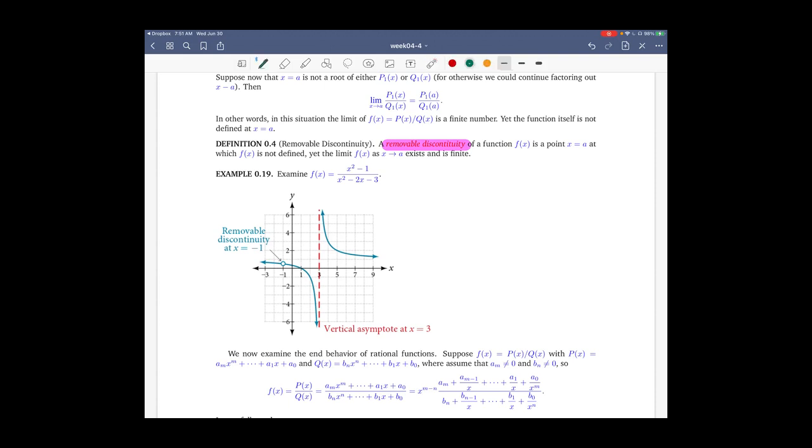If we factorize the numerator and the denominator, it will be x minus 1, x plus 1 in the numerator, and x minus 3, x plus 1 in the denominator. And note that provided that x is not negative 1, which it can be, because at negative 1 the denominator is 0, it's safe to cancel.